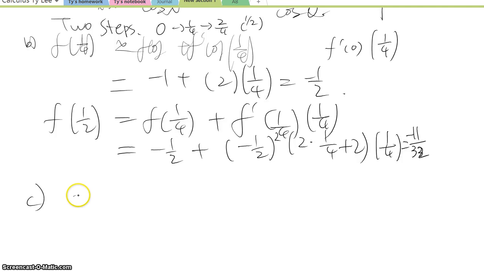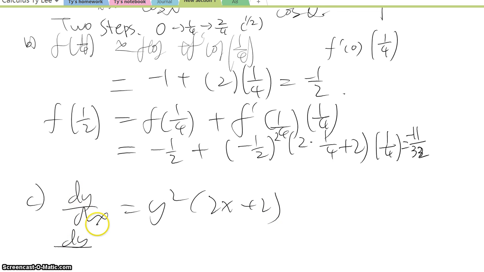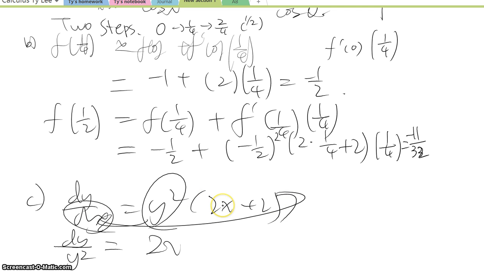So dy/dx is given as y squared times (2x plus 2). I want to put y squared on the left side, and dx comes to the right side, times 2x plus 2, and keep working on it.